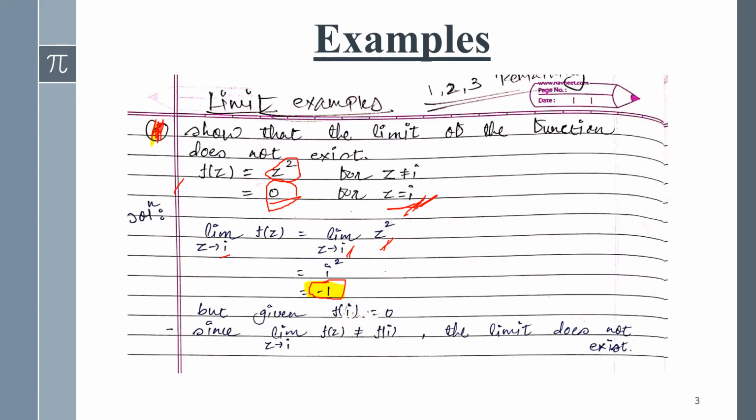But as you can see, we have applied the limit z tends to i, and for this the value should be 0, but we are not getting it, so we can say that the limit does not exist. Hope you all understood, guys. Based on this we are going to solve some more examples.